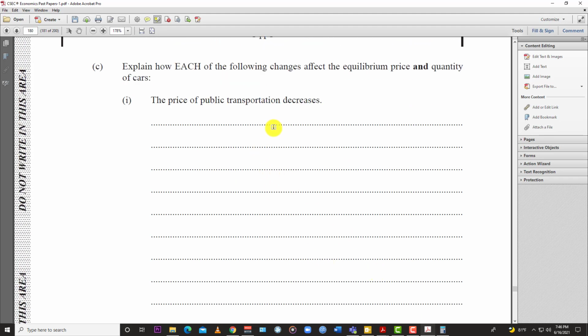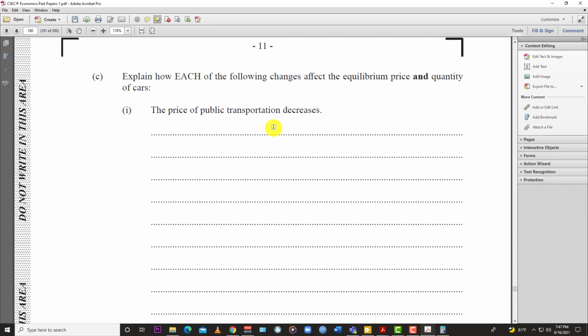We're looking at the price of public transportation decreasing, meaning it's cheaper now. How would that affect the equilibrium price and quantity of cars? For sure, we know the equilibrium price is going to fall. We're talking about ceteris paribus here, all things remaining equal.